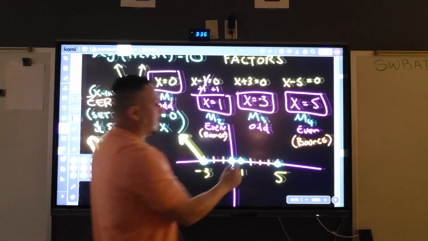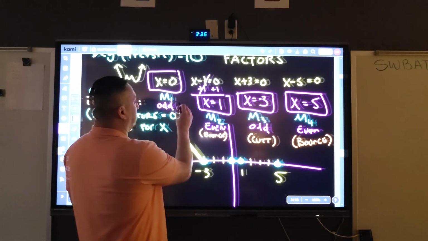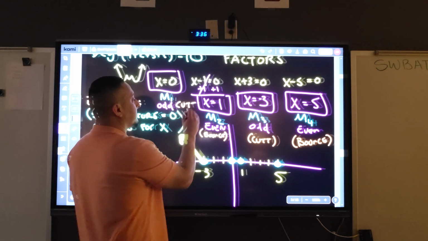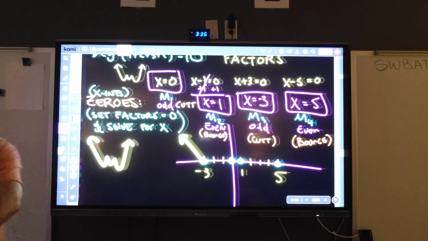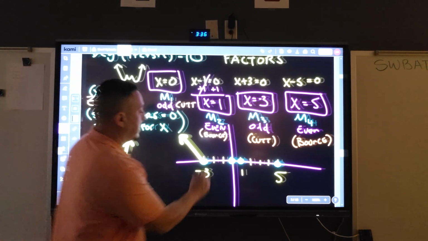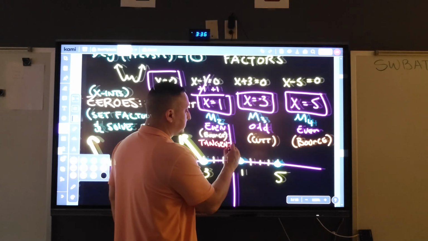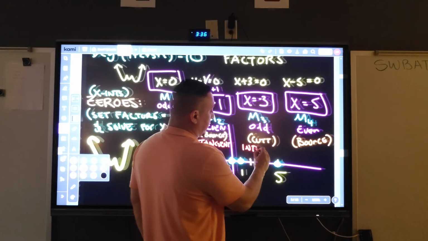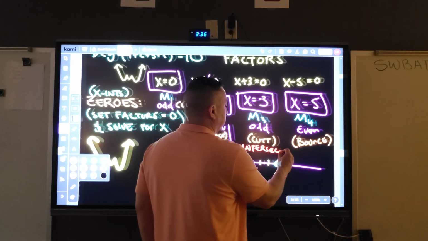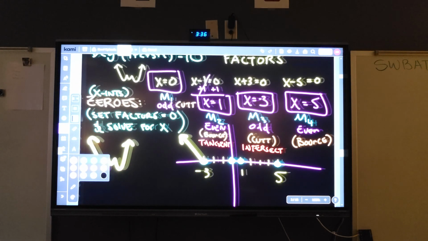We'll call it cut, or you could say pass through it, cut through it. So if it's odd, it goes through it. If it's even, it bounces. The real math words here are, for bounce, tangent, and for cut, intersect. But right now, since we're keeping it easy, we'll just say bounce and pass through.